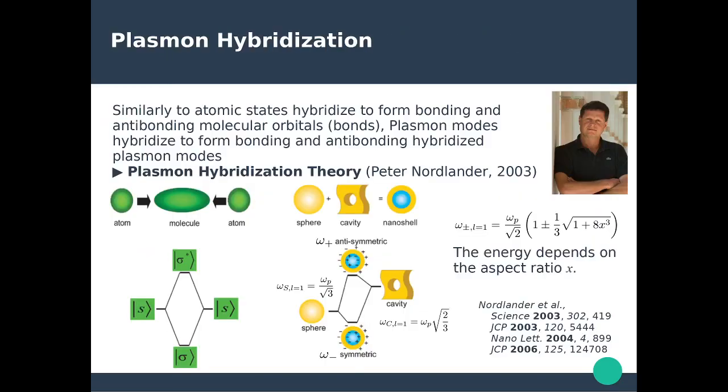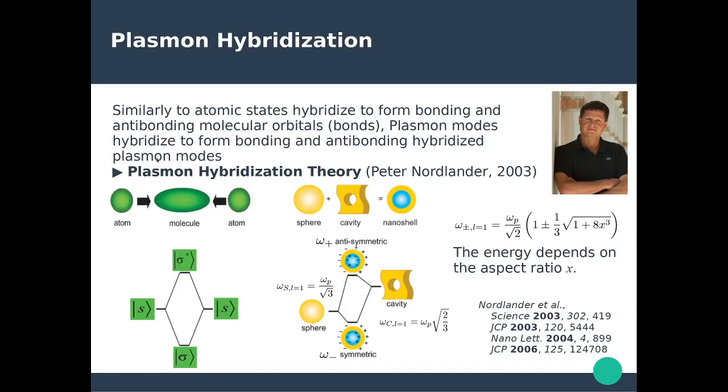Another concept is plasmon hybridization. Similar to atomic states in atomic physics that hybridize to form chemical bonds via bonding and anti-bonding molecular orbitals, plasmon modes also hybridize to form bonding and anti-bonding combinations of hybridized plasmon modes.